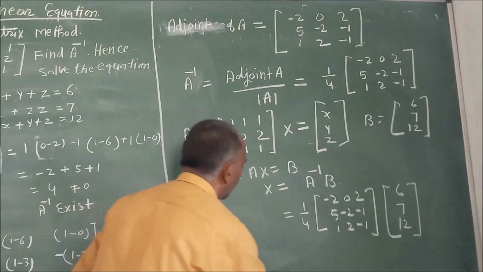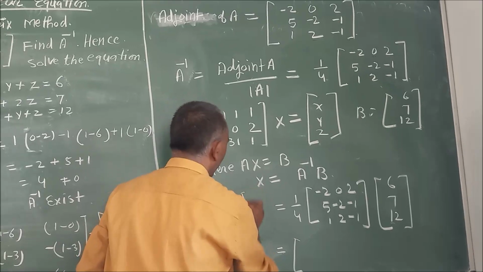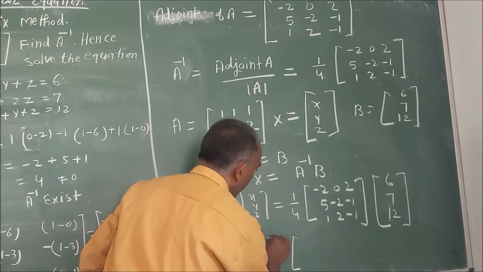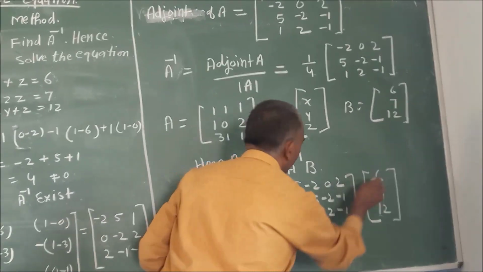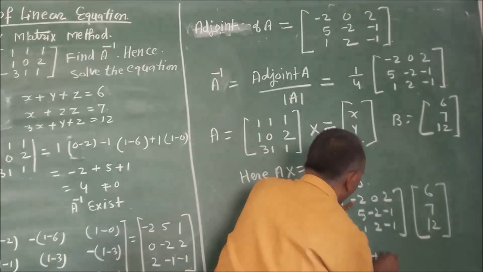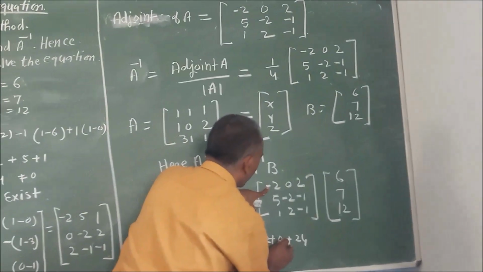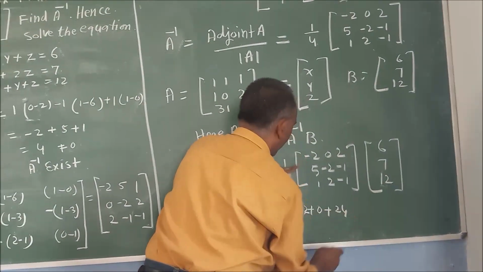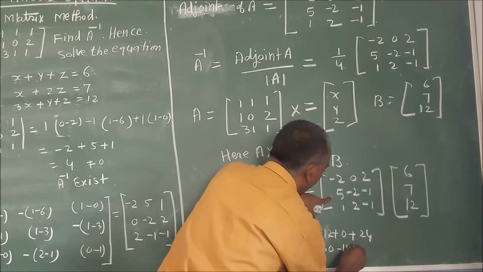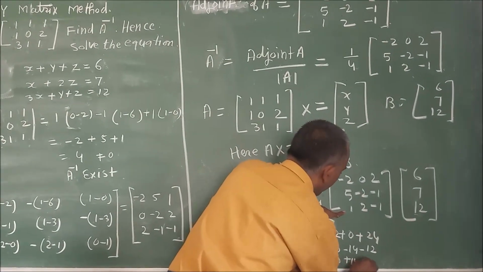So multiply these two terms. This is equal to the value of X, which is X Y Z. So X Y Z is equal to 1 by 4 into, multiply these two terms. Minus 2 into 6 is minus 12 plus 0 plus 24. 6 into 2 minus 12 plus 0 and 6 into 12. Again 5 into 6 is 30 minus 14 minus 12, and after that 6 plus 14 minus 12.